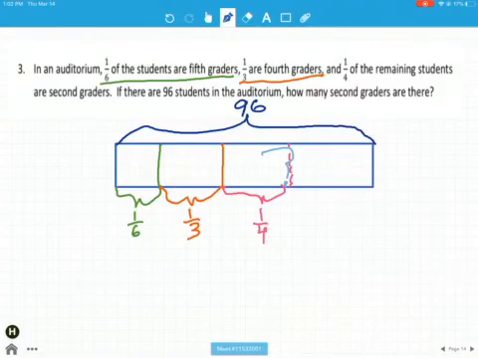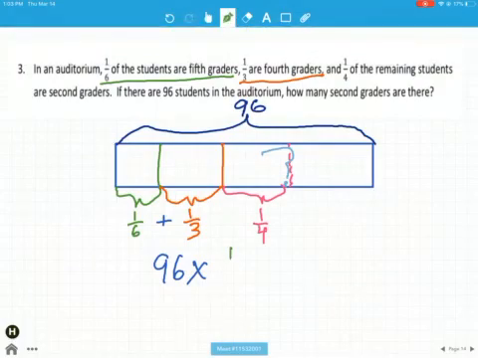And we have 1/6 of 96 for the 5th graders and 1/3 for the 4th graders. You can do them separately, or as we've been learning in class, we know that these two can be added together and then multiplied, so we only need to do it once.